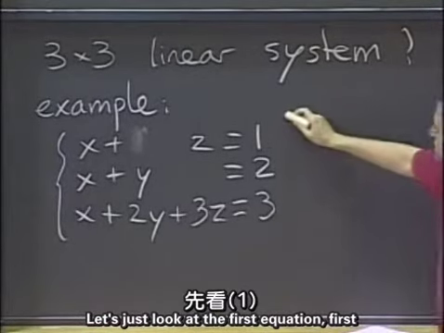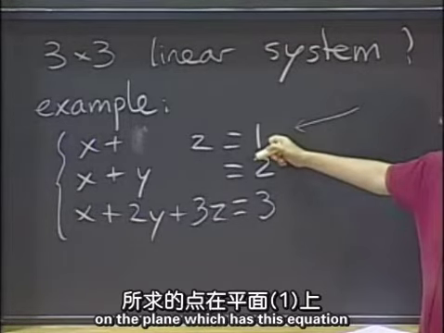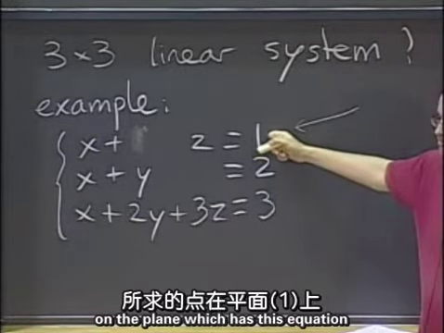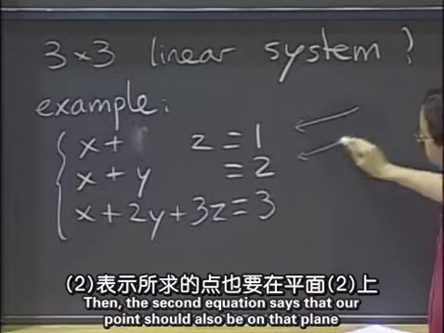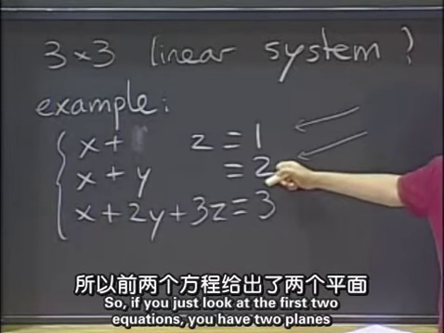So let's just look at the first equation first. Well, the first equation says our point should be on the plane which has this equation. Then the second equation says, oh, our point should also be on this plane. Okay?